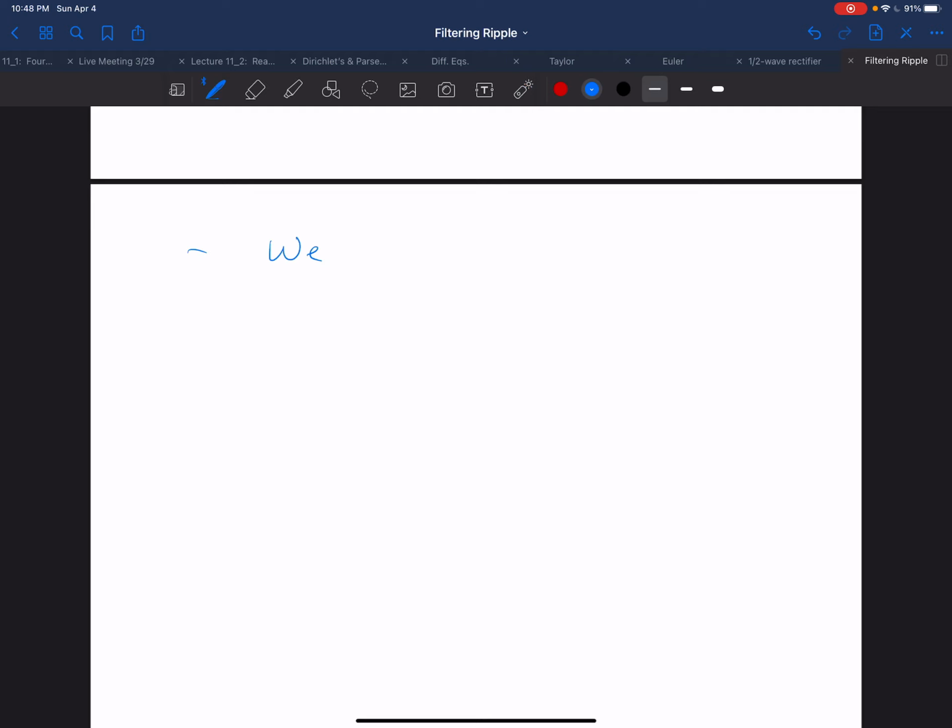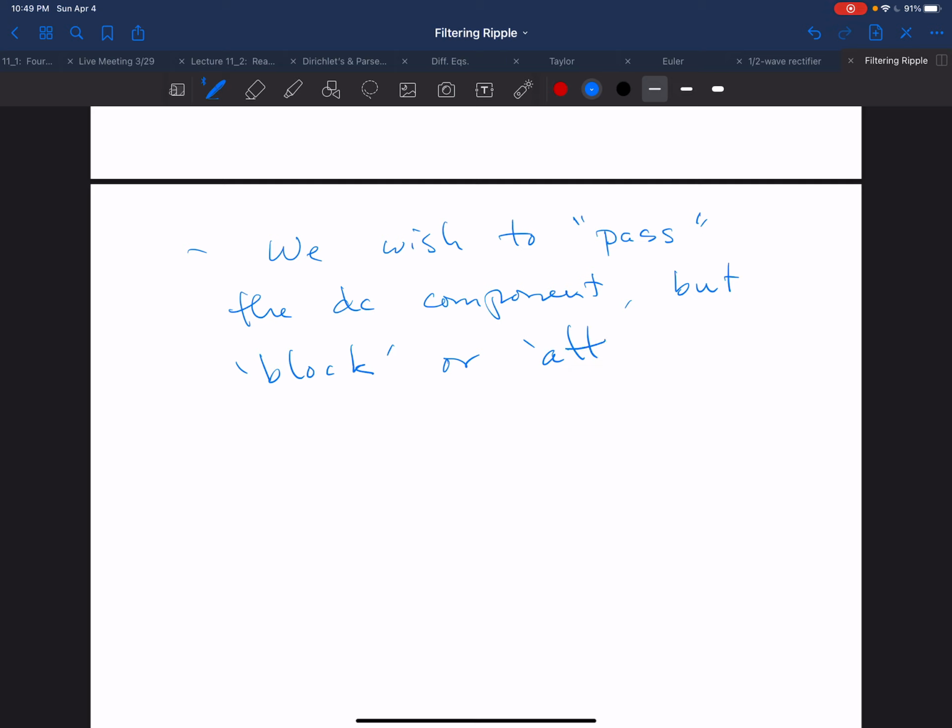So in particular, we wish to pass the DC component but block or attenuate the sinusoidal components of the rectifier output.